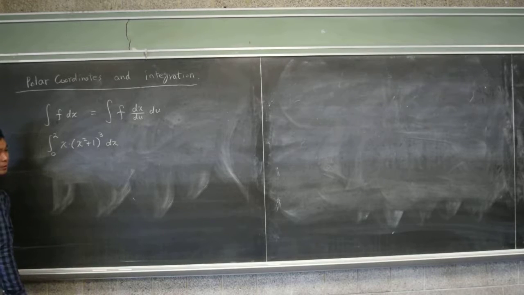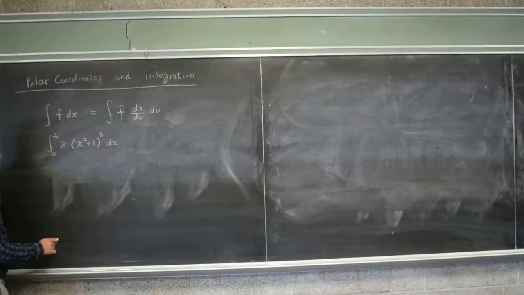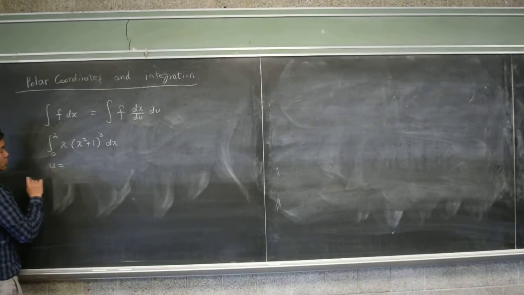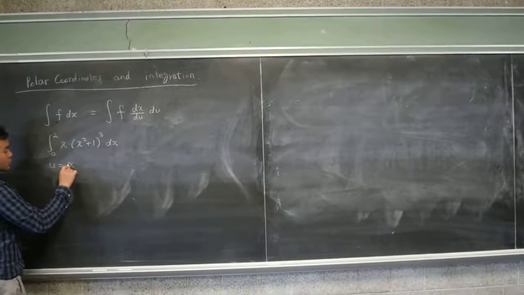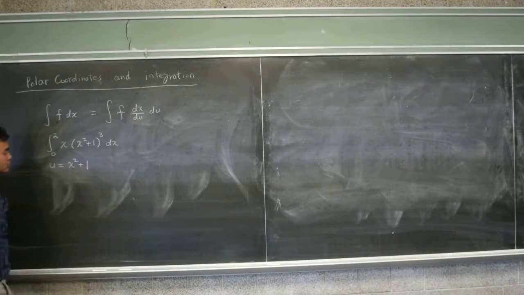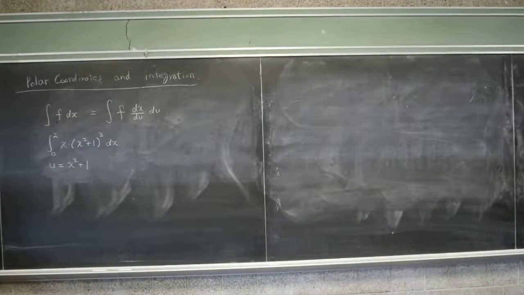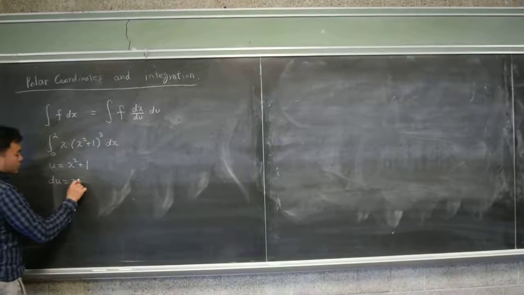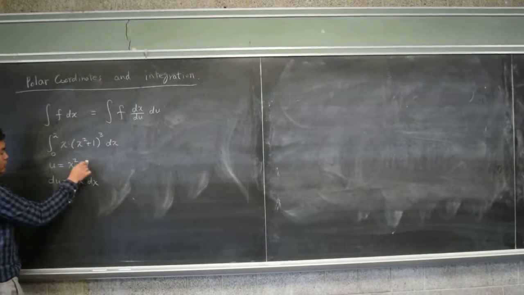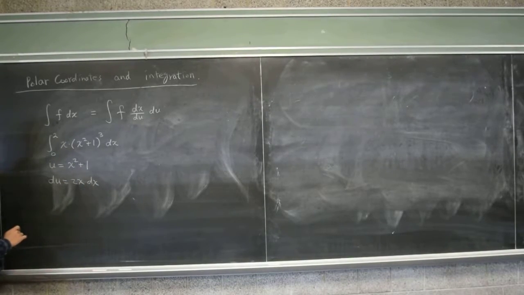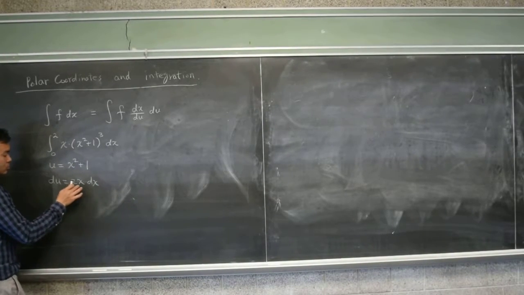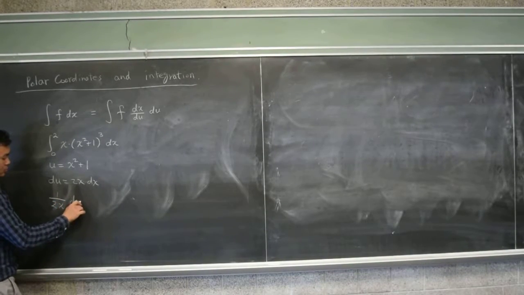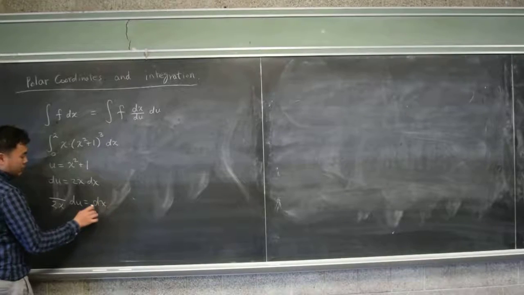The way you do the u substitution is you set u equal to x squared plus 1, and then du equals 2x dx. If you differentiate, you get 2x, multiply by dx, and you're told to divide by the 2x and rewrite dx like this.